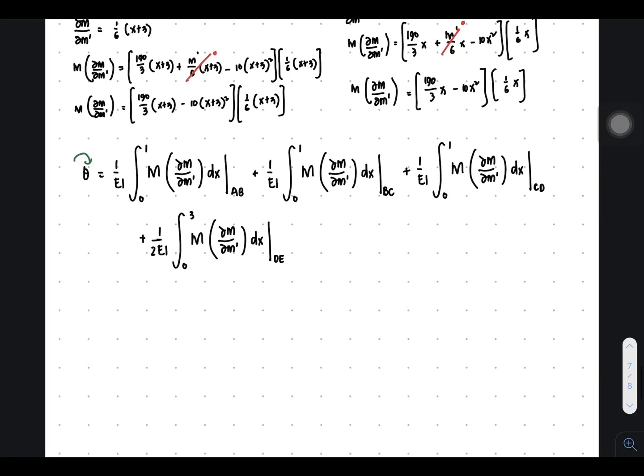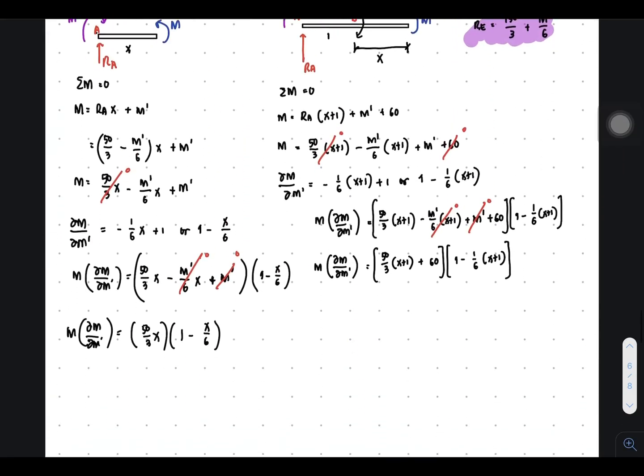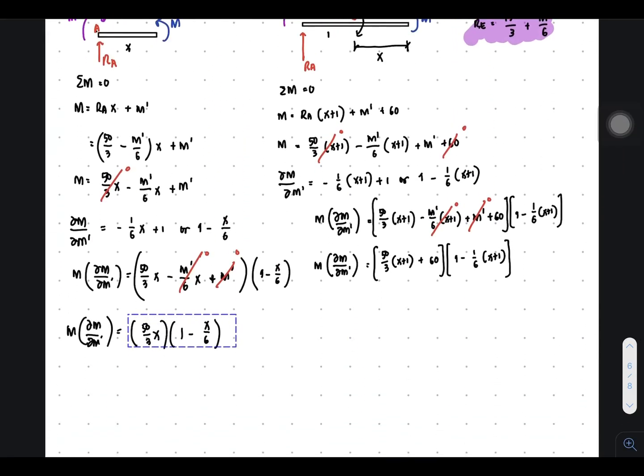So what we're going to do now is get the 1 over EI for every term, integral for AB from 0 to 1. So where is the segment AB? Here. Let's copy this.